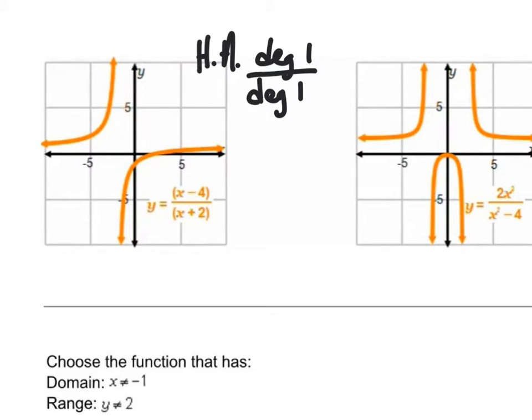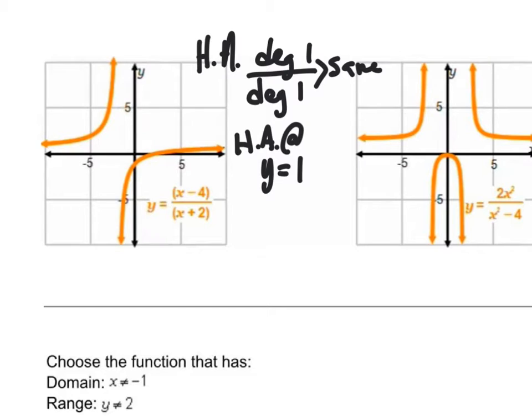I'm strictly looking at the exponents. Because these are the same, I'm looking for the ratio of leading coefficients. So I have a horizontal asymptote at the line y equals 1, because I have a coefficient of 1 divided by a coefficient of 1. So that's my horizontal asymptote.